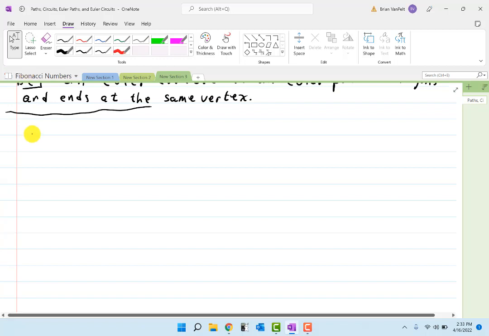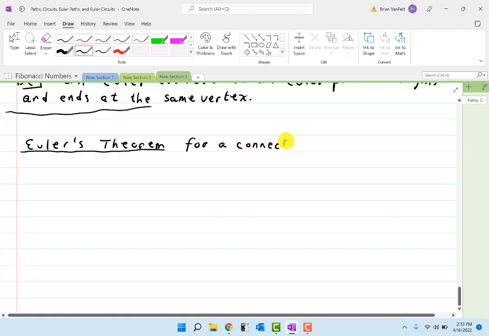So I've made a couple of graphs to hopefully give you an idea. The degree of the vertices is important in determining what we're going to have. So let me write down Euler's Theorem. And this is for a connected graph. That's important.